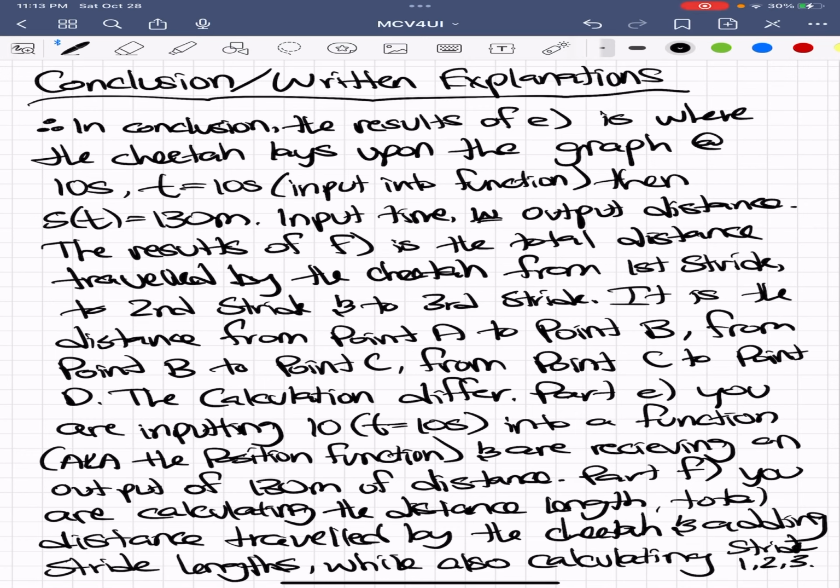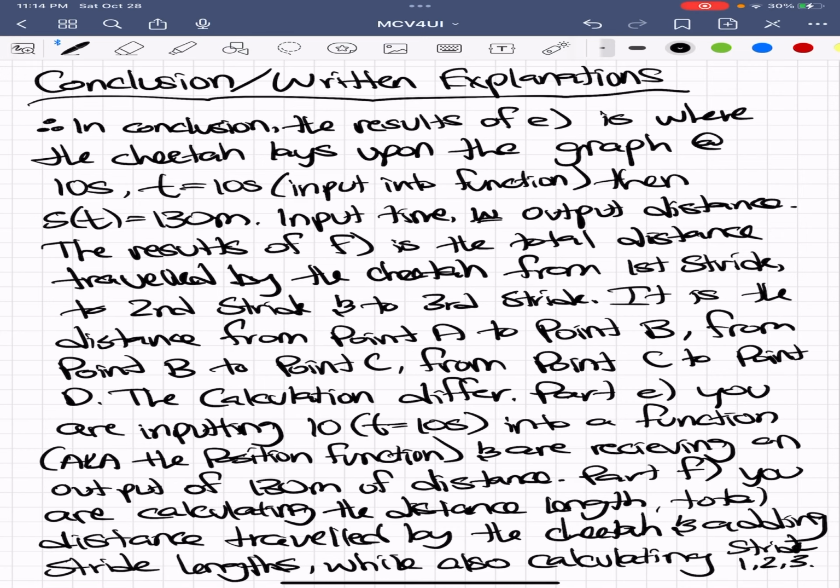So, should we review anything? In conclusion, the results of E is where the cheetah lays upon the graph at 10 seconds, t equals 10 seconds, and we input that into the function, the position function.